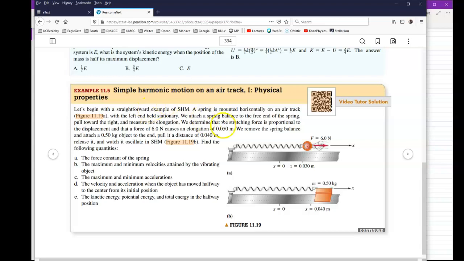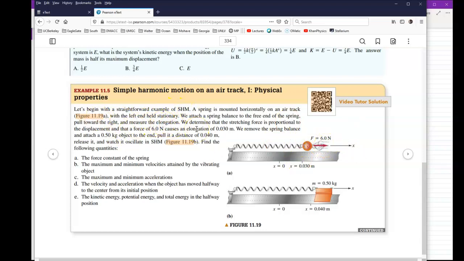It says a spring is mounted horizontally. Here it is. So you have an air track, and you have a spring. Think of it like a fixed point, where one end of the spring is fixed. And then this is a classic balance where it measures the force. It says a spring is mounted horizontally on an air track with the left end held stationary; we attach a spring balance to the free end of the spring, pull toward the right, and measure the elongation.